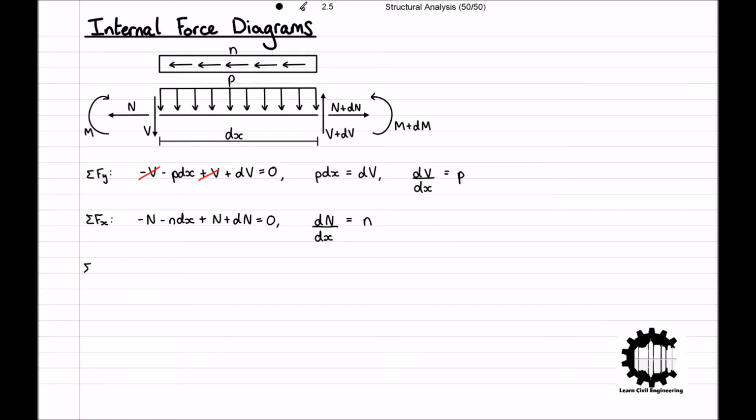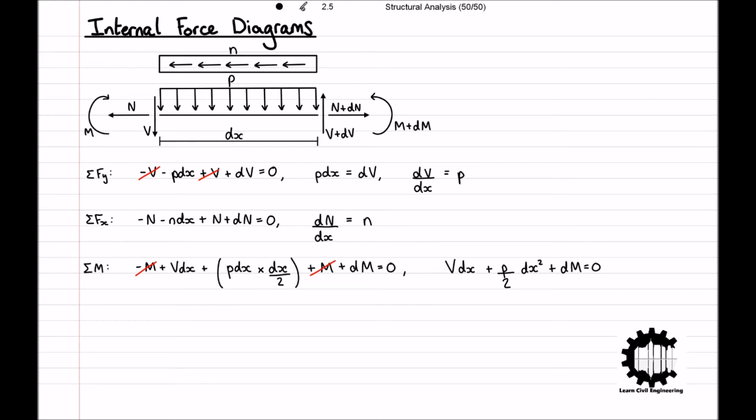Finally, equating the sum of all moments in relation to the right end of the section to equal 0, we get -M plus V dx plus P dx times dx over 2 plus M plus dM equals 0. Again, the negative M cancels out with the positive M, so we get V dx plus P over 2 times dx squared plus dM equals 0.